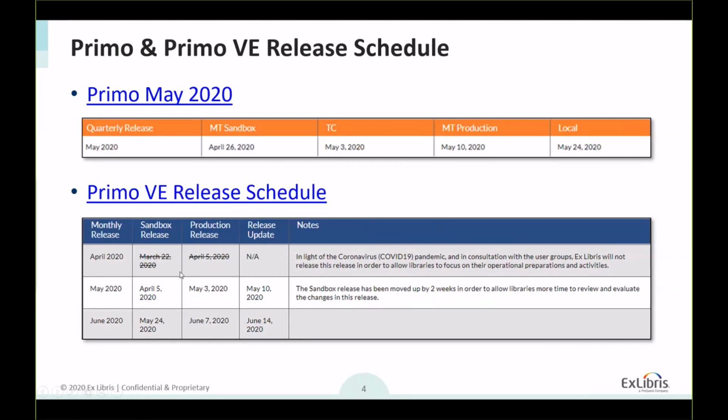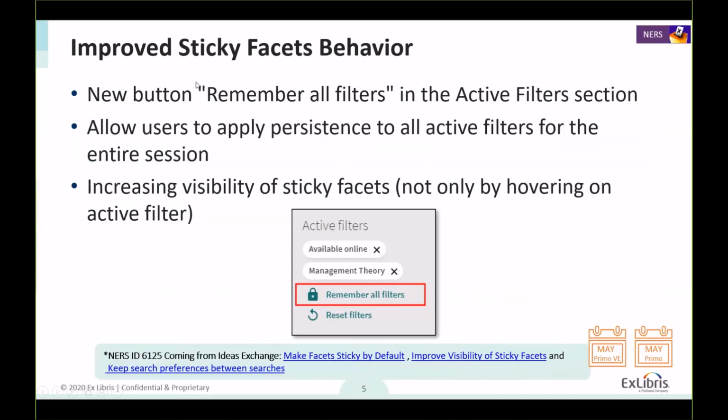Okay, now let's go into the detail of each one of the features. We will start with the improved sticky facet. Before this enhancement, the sticky facet was only available when the user saw the active filter, hovering on specific filters, which showed a lock icon to hint that they can use the sticky facet and make it persistent across all sessions.